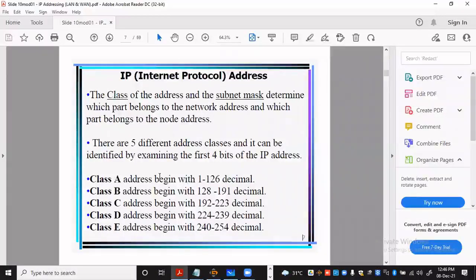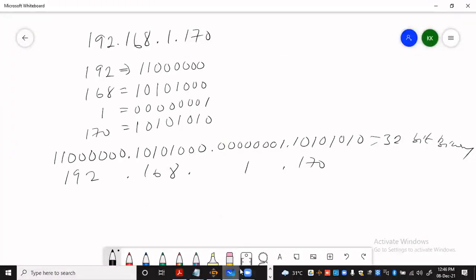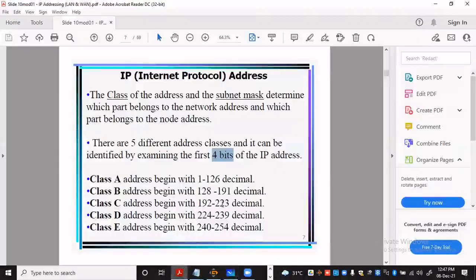Class B begins from 128 and ends at 191.